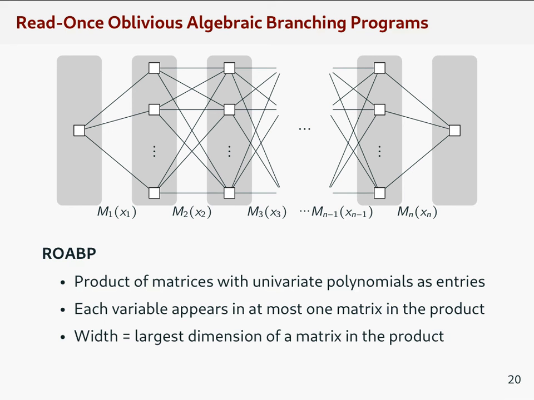So an important parameter of ROABPs is their width. In terms of the graphical picture, it's the largest number of nodes in any of these gray boxes. In terms of the matrix representation, it's the largest dimension of a matrix in the product, row or column.